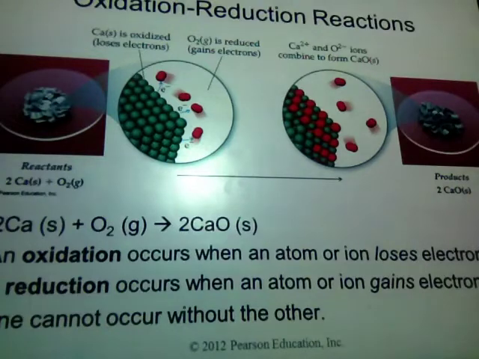I also want to compare a redox reaction to a neutralization reaction, okay? In a neutralization reaction, we have acids and bases forming salt and water. Specifically, the hydrogen ion is being donated from the acid and accepted by the base.